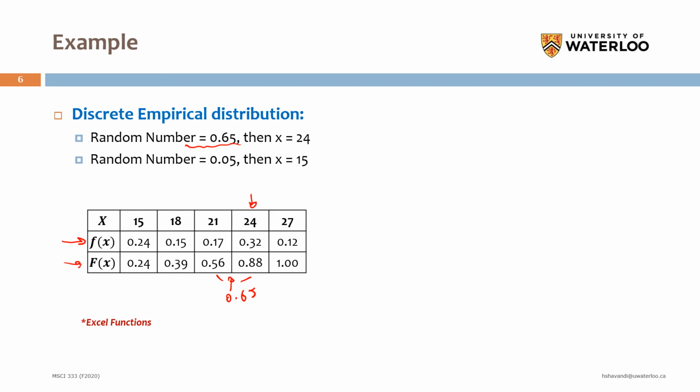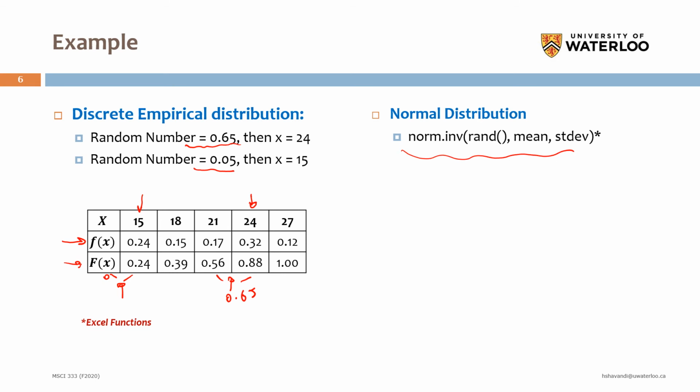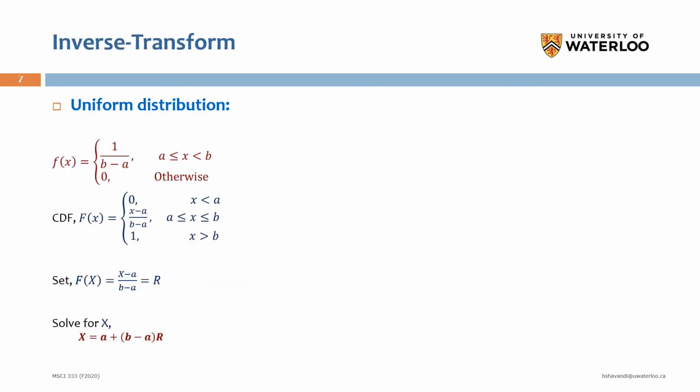If we have another random number, let's say 0.05, it lies between 0 and 0.24, so the upper limit, which is 15 here, will be our random variate for this discrete distribution. And for the normal distribution, we can use this function in Excel.